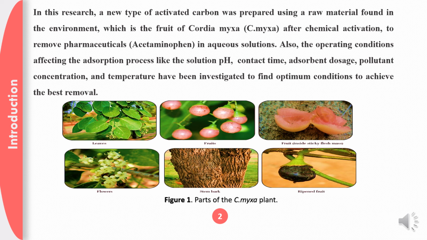Also, the operating conditions affecting the adsorption process, like solution pH, contact time, adsorbent dosage, pollutant concentration, and temperature, have been investigated to find optimum conditions to achieve the best removal. In this figure, we can see part of the Cordia myxa plant.